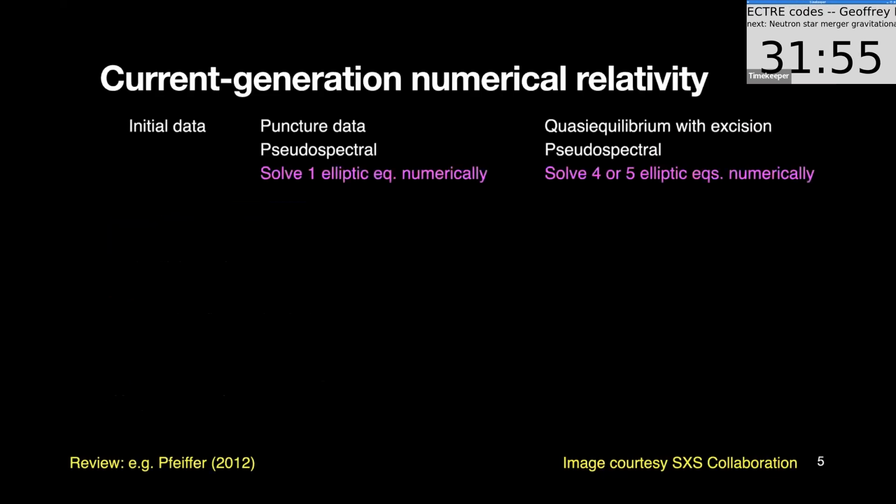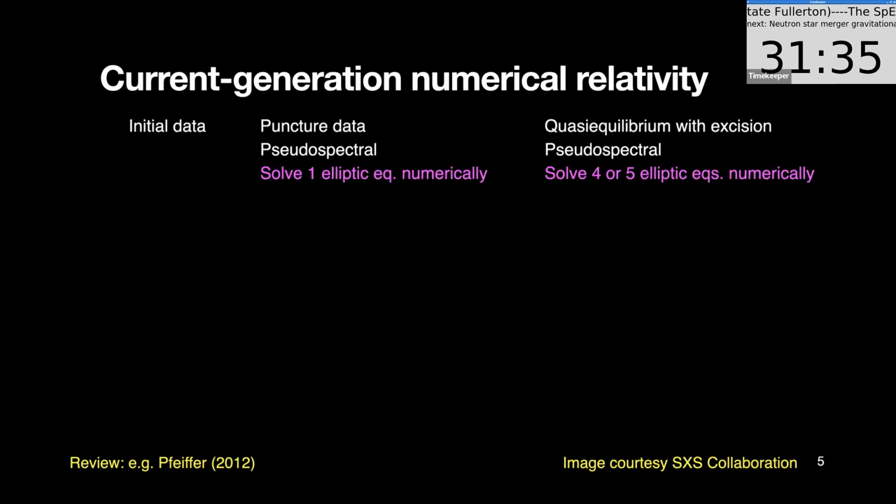Okay, so let me say a little bit about methods. There are two different families of methods for doing numerical relativity. Most codes, like Einstein Toolkit and others on the left, for initial data, well, there are different ways you can do it. There are spectral codes, but the initial data is a different problem.